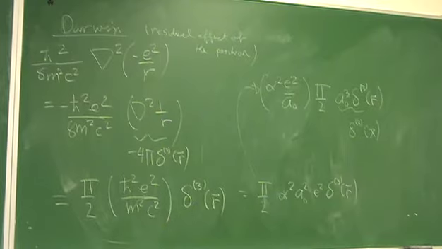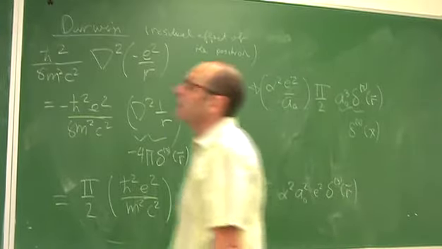All right, so these are the terms that come out of the Dirac equation that are of order alpha squared times the Hartree, corrections to the coarse Schrödinger equation.